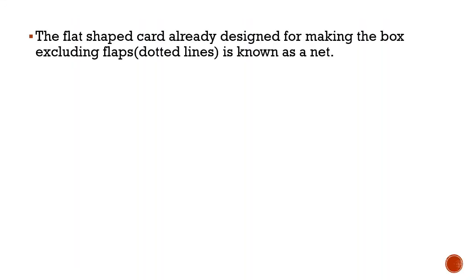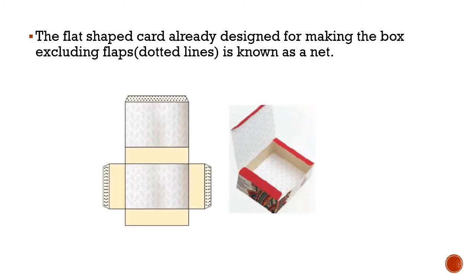So the flat-shaped card is already designed for making the box, excluding the flaps, that is the dotted lines. These are known as a net. The flat-shaped card is already designed for making the box.